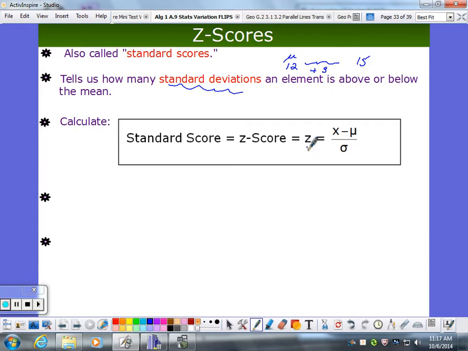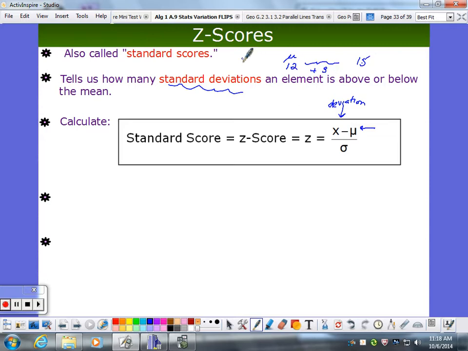And the way you find the z-score is, first of all, x minus mean. Does this look familiar at all? Where have we seen x minus mu before? The MAD, and the variance, and the standard deviation. This is called a deviation. And it's just distance, that's this. If this is 15 and the mean is 12, it's plus 3 away, right?